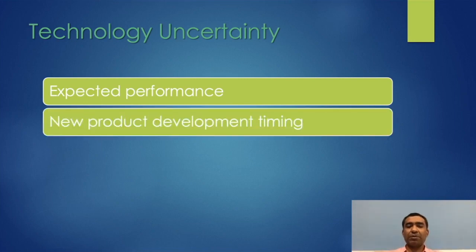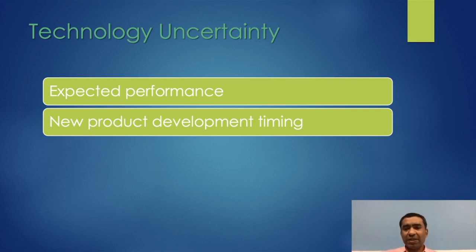Okay, so the second is timing. Obviously when we introduce a new product, we have a time frame in our mind. Okay, this technology will be introduced to the market next year, but in any case there is a possibility of delay. Obviously you can see that now everything is delayed due to this unprecedented situation of COVID. So this COVID situation has changed everything.